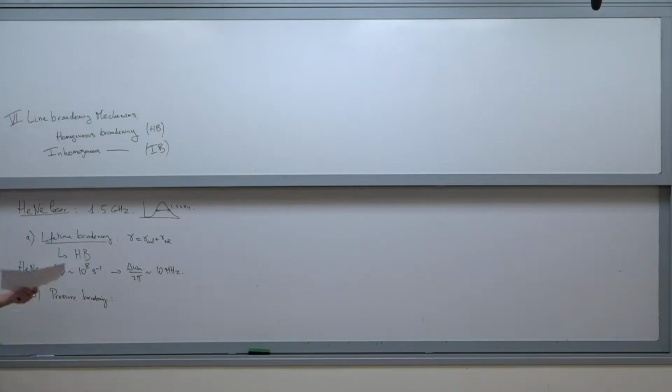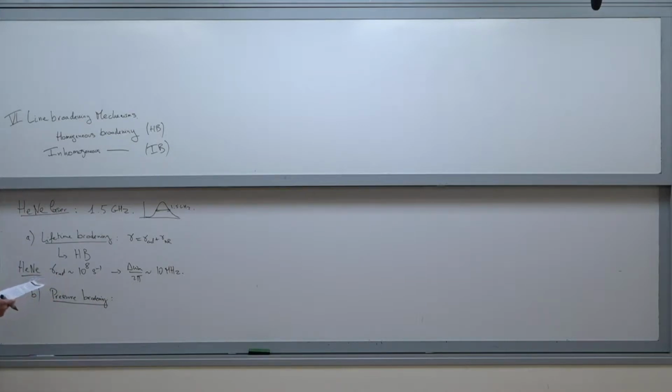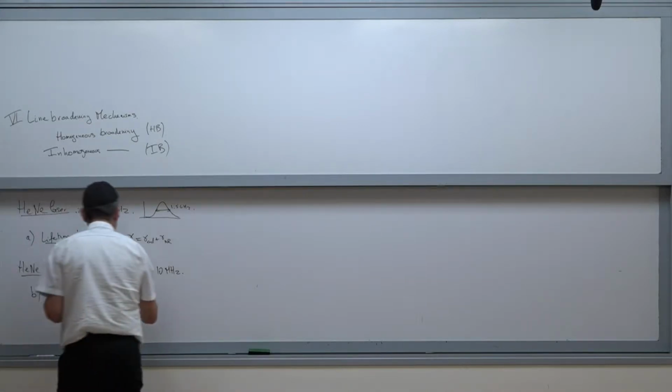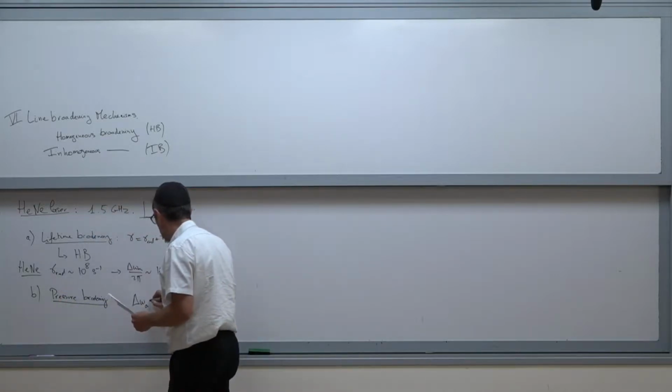Because when you increase the pressure inside the gas cell, you increase the chance for collision between the atoms. So as you increase pressure, you are going to broaden the line width of the system. Typically delta omega A is gamma plus 2 over T2.